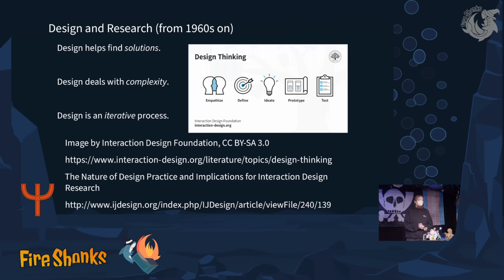And the Interaction Design Foundation founded itself, and on their websites, which are linked, you can find a lot of literature. And they also have conferences on the topic. For example, I've linked you a paper, and I can recommend you to have a look at that because it helps you get a deeper understanding of the design process.